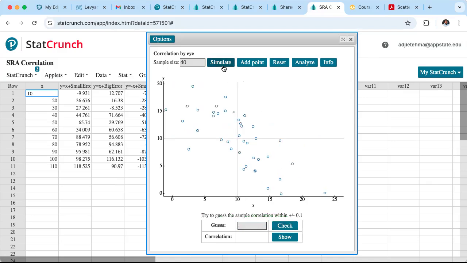Let's try a different one. What do you think we should put here? I don't think 0.3 should be a good one. I think let's try maybe negative 0.6 or 0.7. A stronger one.